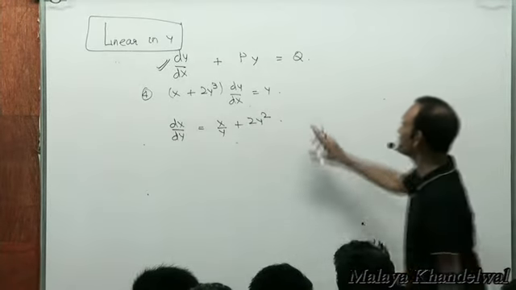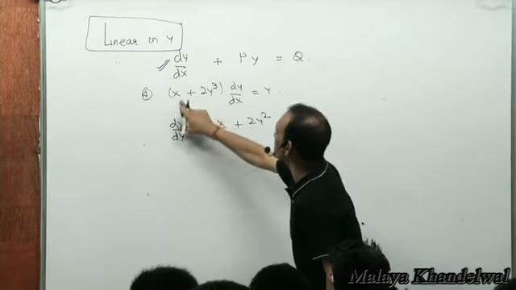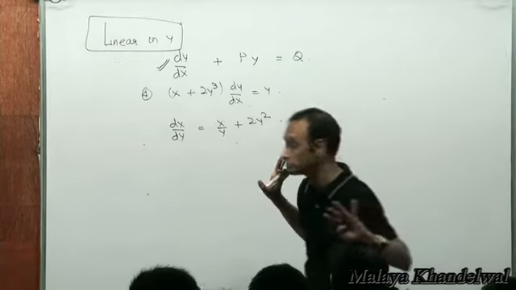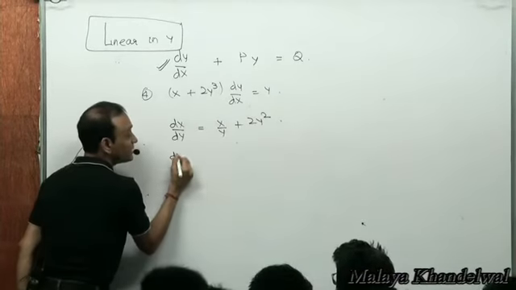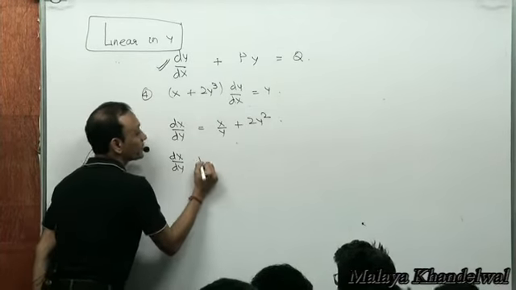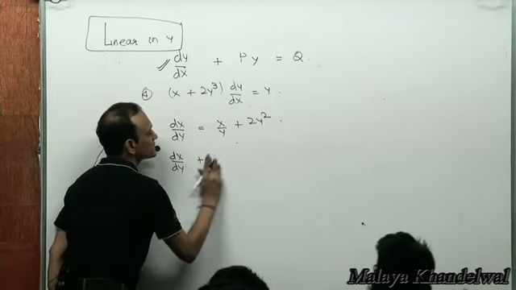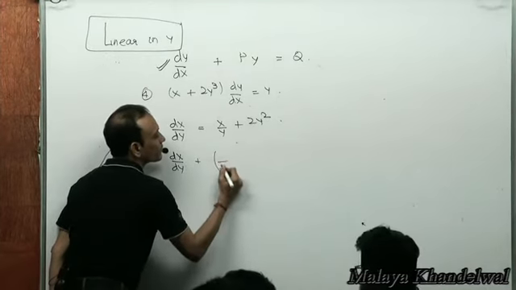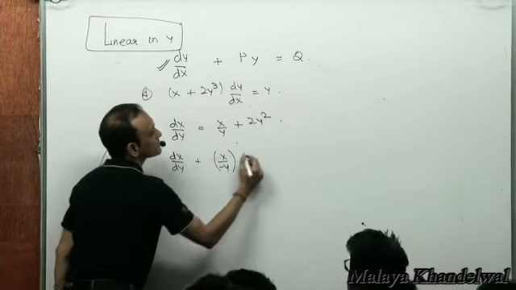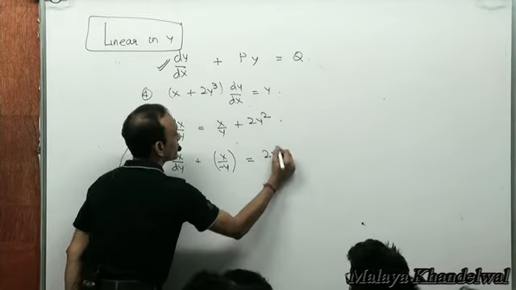If you divide by y, dx/dy is x by y plus 2y squared. Now dx/dy minus (1 by y) x equal to 2y squared. Yes or no?